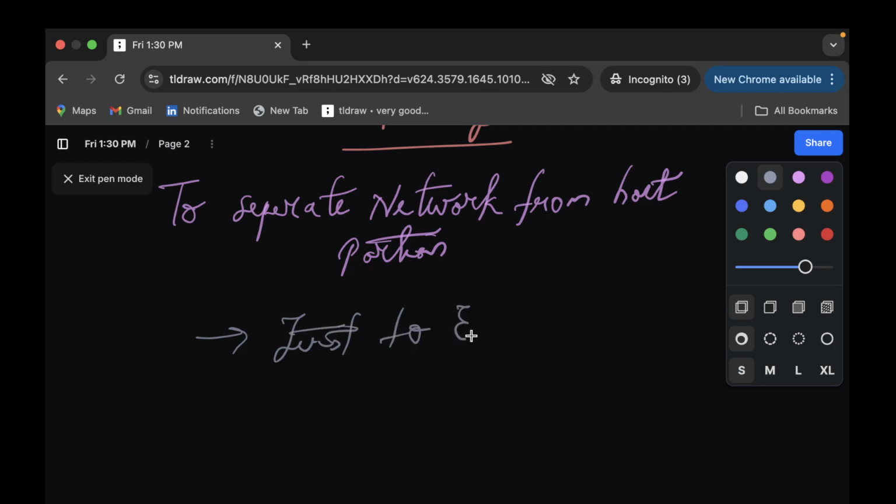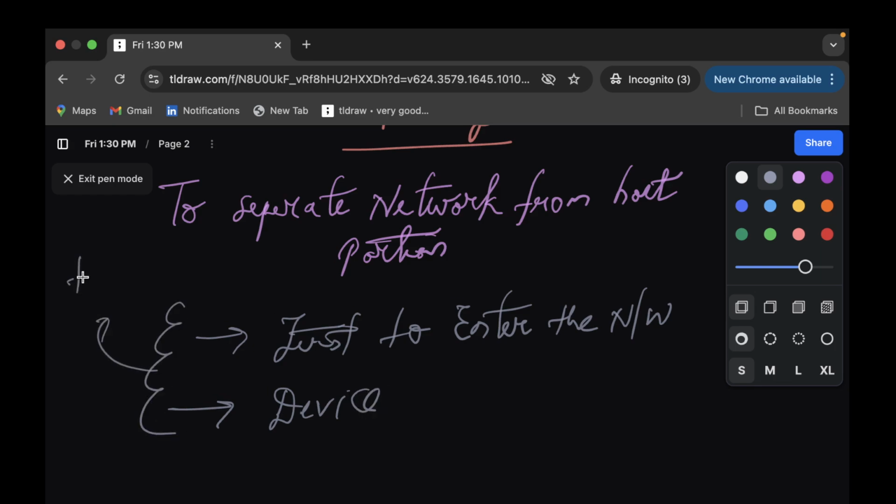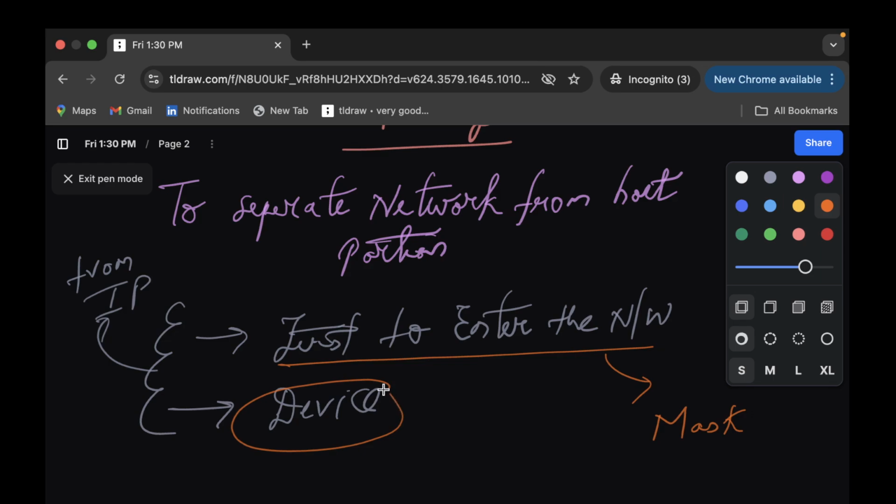First to enter the network, and then we need to go to the specific device, right? So from the IP we need to do these two things. To separate it out, one is the mask, and the other is basically when we do a logical AND, we get the result, right?